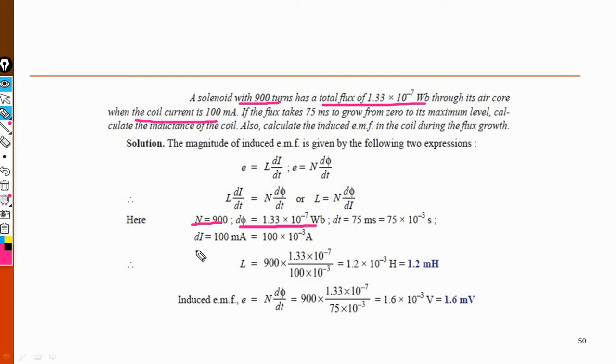That is, the total current di is 100 milliampere and d phi is 1.33 into 10 raised to minus 7 Weber per meter square.